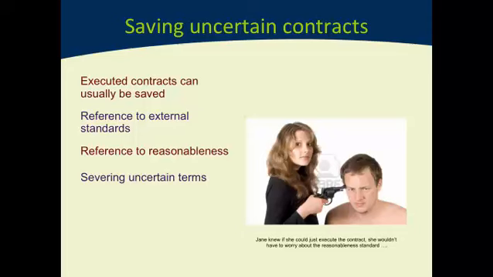The third option open to the court to save an uncertain contract is to refer to what's called a reasonableness standard. Now, we've come across the concept of reasonableness a few times already in this course. We're obviously applying what we've referred to as an objective test. So the court's going to ask, how would a reasonable person correct the uncertainty of the contract?